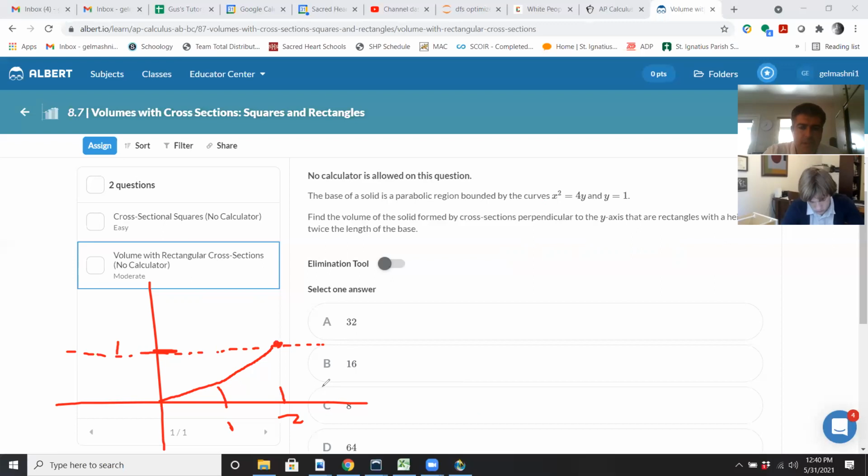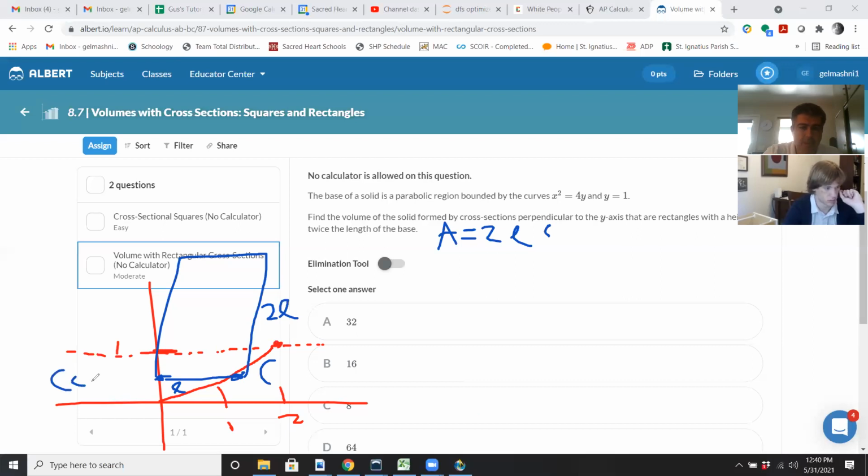Okay. Your heights are twice the length of the base. So that's L, that's 2L. So your area is that. But be very careful here, because you've got to now do this x in terms of y.